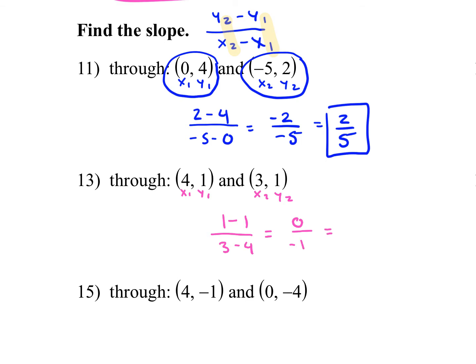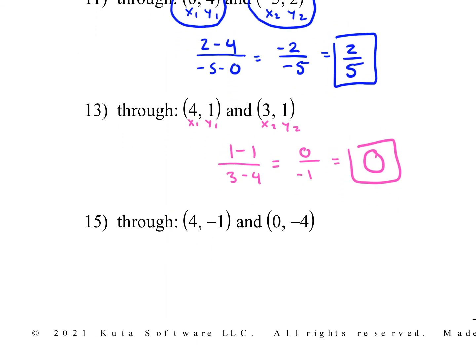What's your answer? 0. If 0 is on the top, your answer is 0. If 0 is on the bottom, your answer is undefined. You can't have 0 in the bottom.